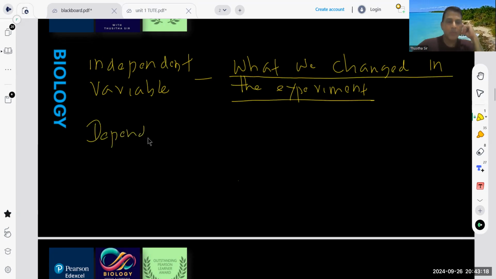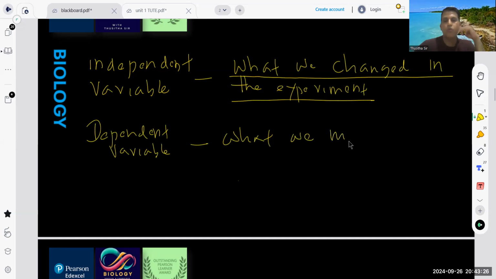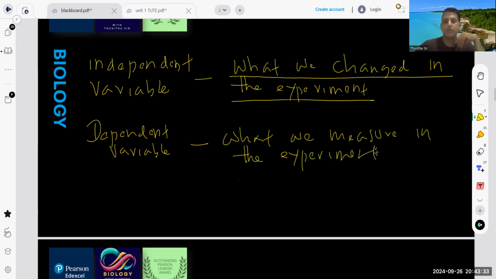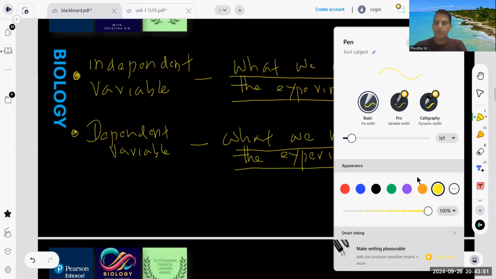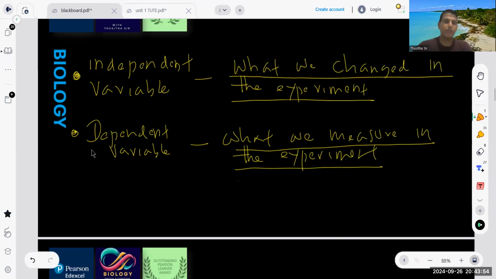Dependent variable: what we measure in the experiment. What we measure in the experiment is the dependent variable. This is very important to remember, independent and dependent variable.